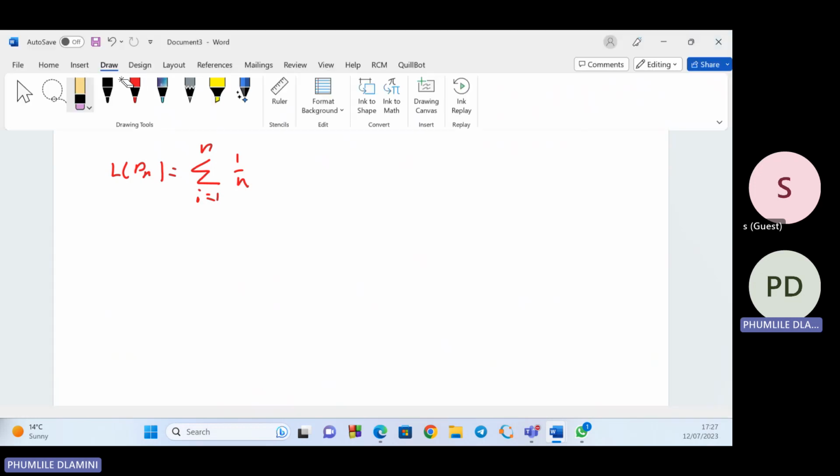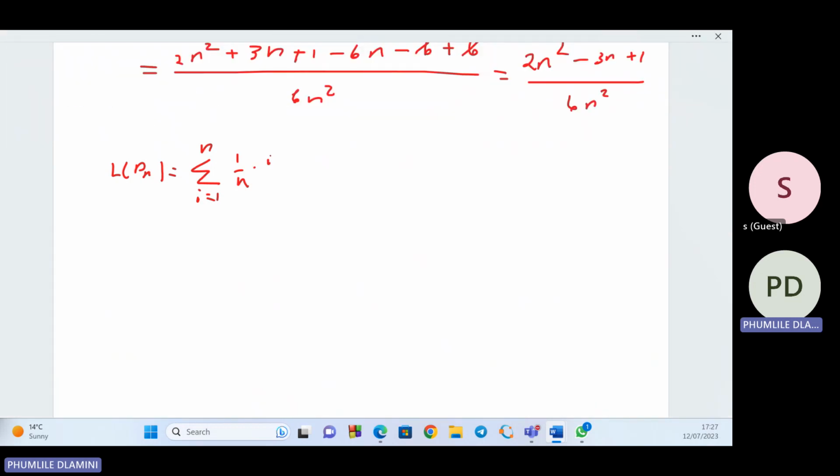The answer that we got there was i squared over n squared. So now this one is simpler, because we're just going to have 1 over n cubed multiplied by the sum of i squared.